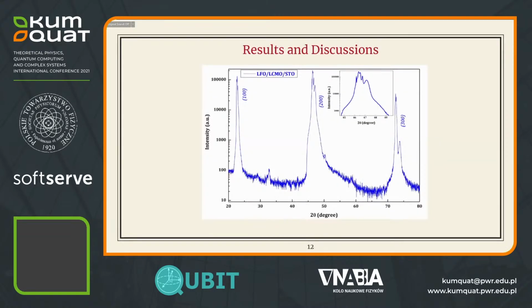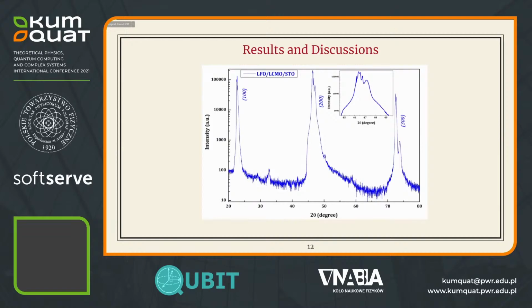So this is the XRD graph. As you can see, there are only 3 peaks visible. This is because the SrTiO3, that is the STO substrate which I have used, is a single crystalline substrate having the orientation H00. The one which I used had orientation 100, and general orientations are named as H00.